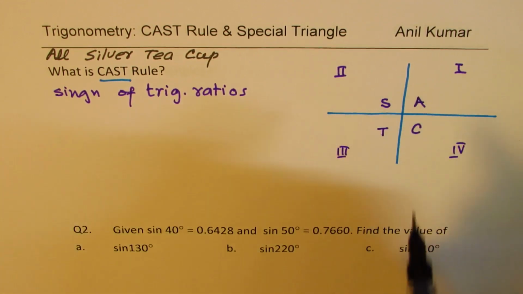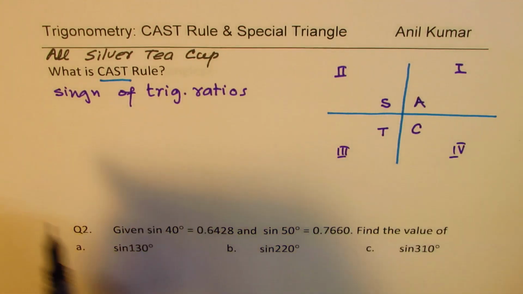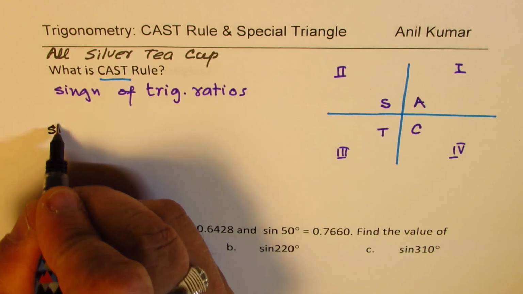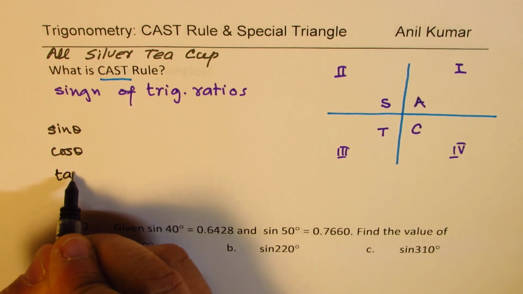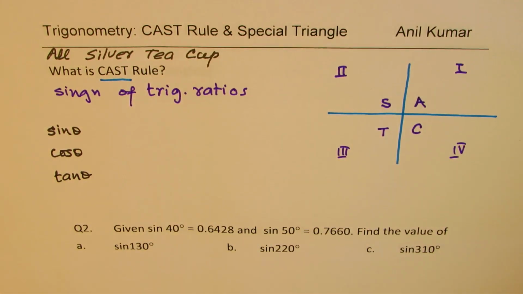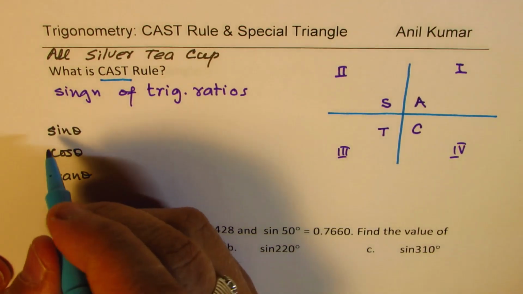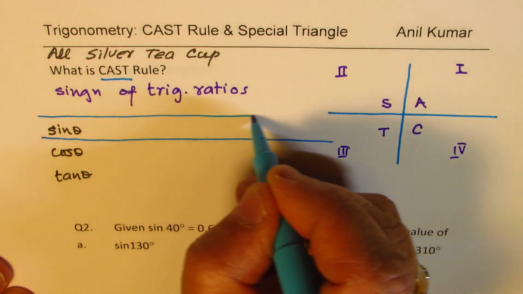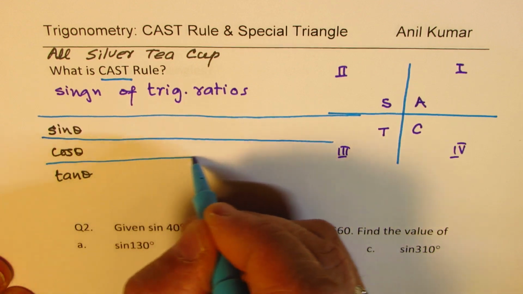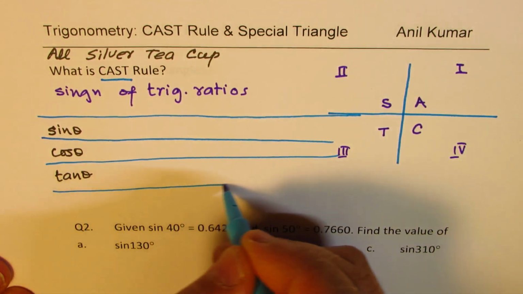So what we're trying to say here is that we're working on these three things: sine theta, cos theta, and tan theta, right? Now, as we just saw in the very first part, these are basic ratios of two sides in a particular right triangle, correct?